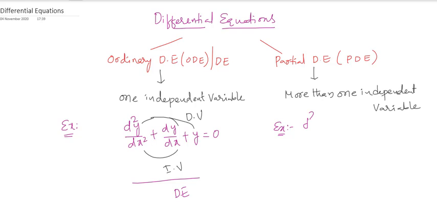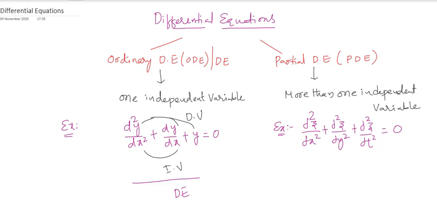So dou square z by dou x square plus dou square z by dou y square plus dou square z by dou t square equals some constant, or 0, or constant c. That is not a big deal here.